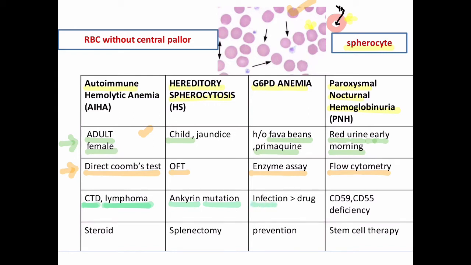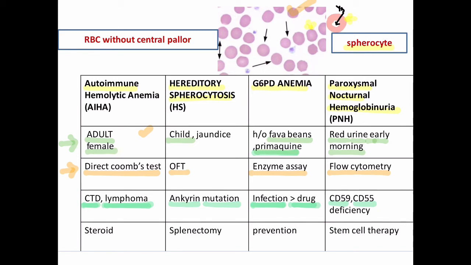G6PD anemia: we know that in G6PD anemia the cause is deficiency of G6PD, but the anemia will precipitate when the patient has an infection or drug intake, for example, primaquine. And the cause of PNH is deficiency of GPI anchor proteins CD55 and CD59. These two are the GPI anchor proteins which protect our blood cells from complement.